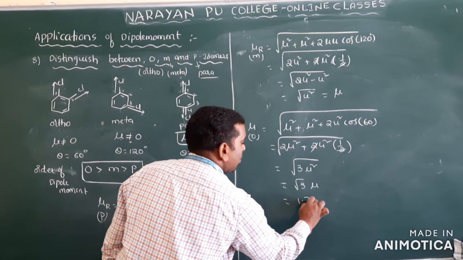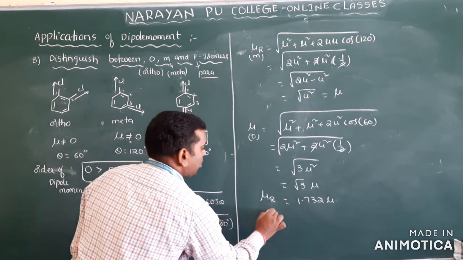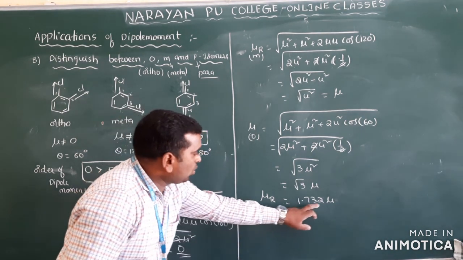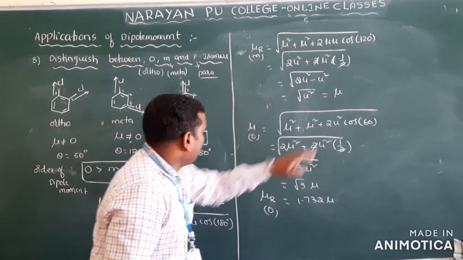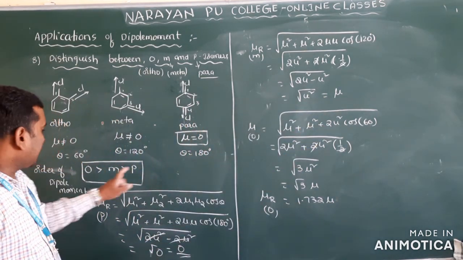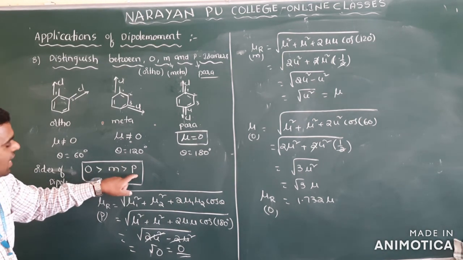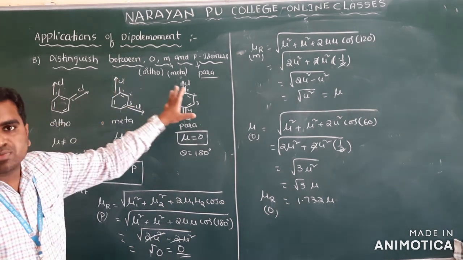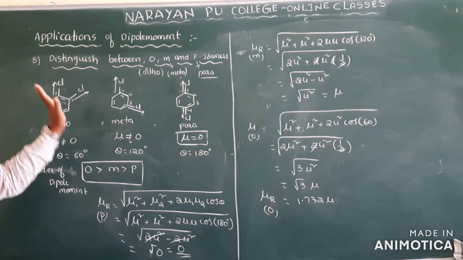Root 3 means 1.73 into mu. So this is the resultant dipole moment for ortho, 1.732 mu. Meta is mu, and para is 0. So ortho has the highest dipole moment compared to meta and para. And this is about the applications of dipole.